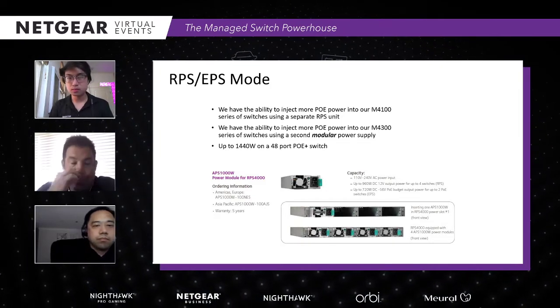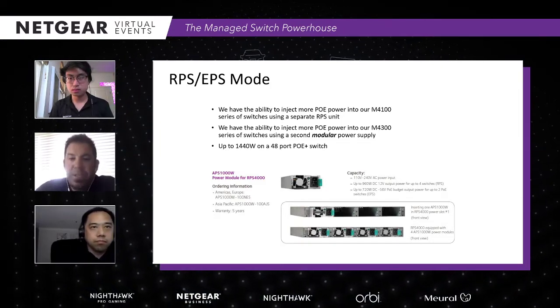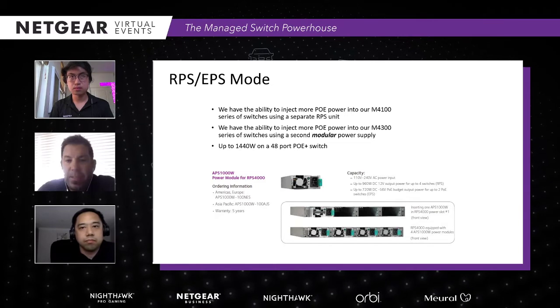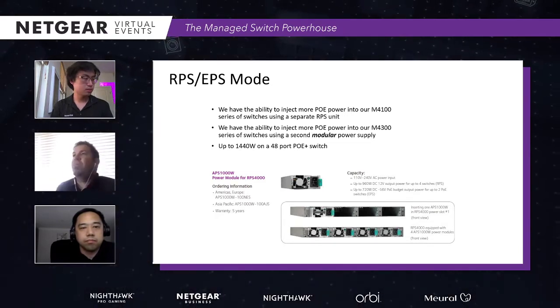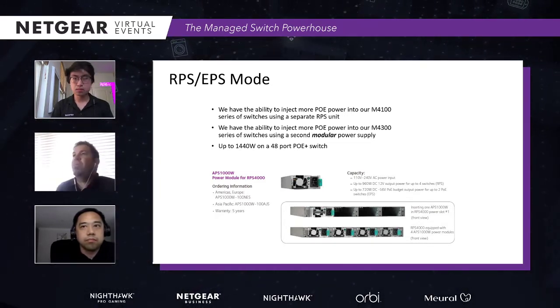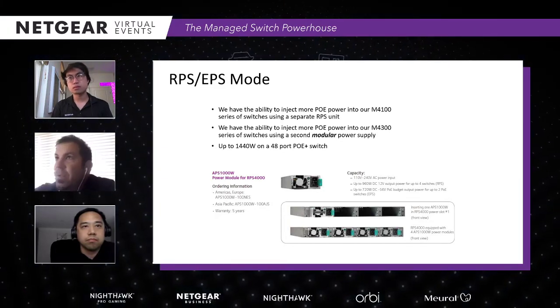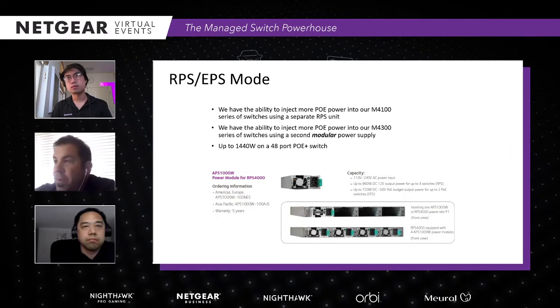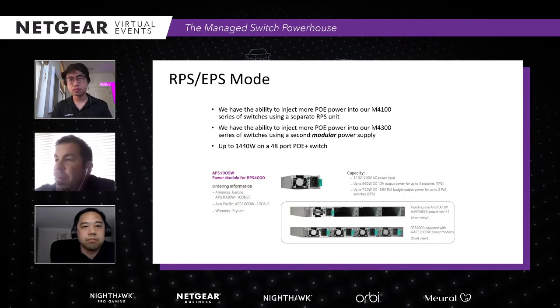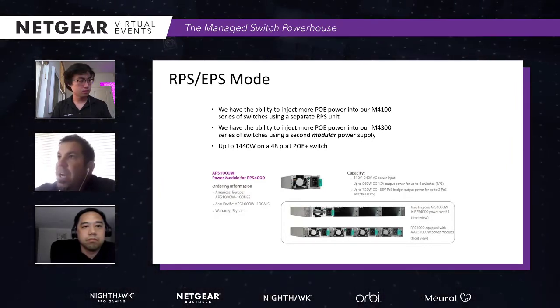Okay. So the reason why I bring up this slide is it's important for you guys to know that most of our switches are PoE+. A typical 24-port PoE+ switch generally out there in the switching world comes with about a 190 watt PoE budget.